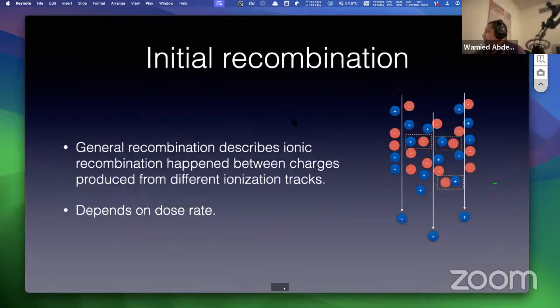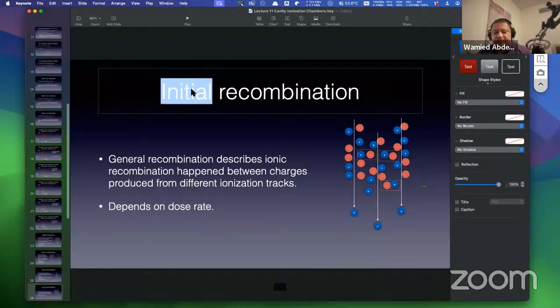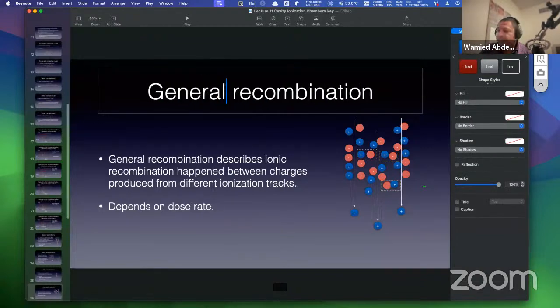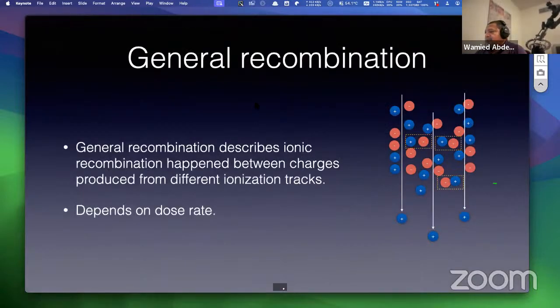General recombination, okay, this should be general recombination. We're still having charges combining with one another, but the charges were produced from different tracks. So we have one track here, and it can happen that a positive ion produced within this track is going to recombine with a negative ion produced from a different track.